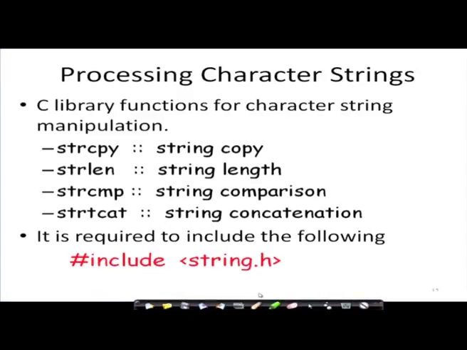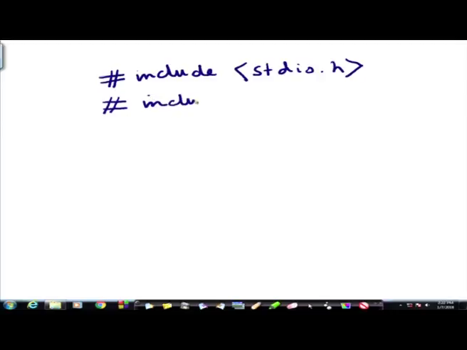If you recall, we can always include hash include stdio dot h. And also when we used that square root function earlier, we had included math dot h, that means the library of all the mathematical functions, when we use, for example, sqrt square root.